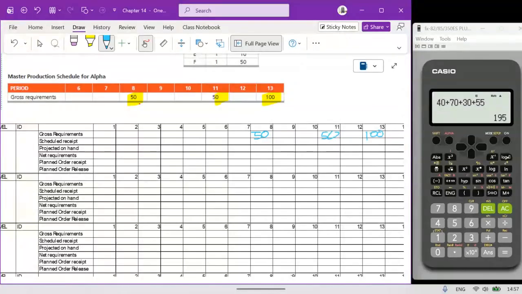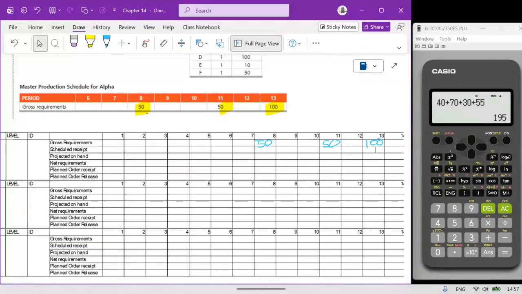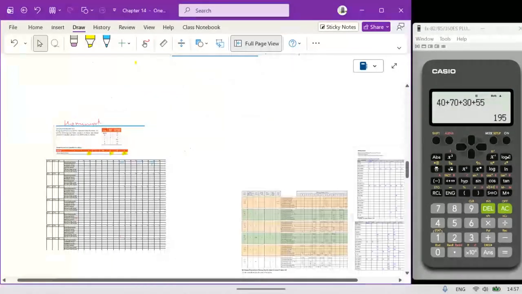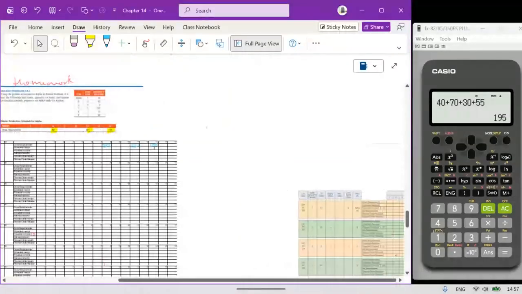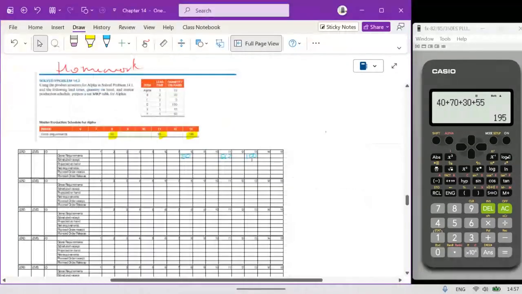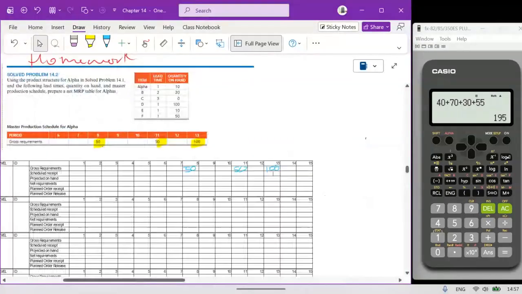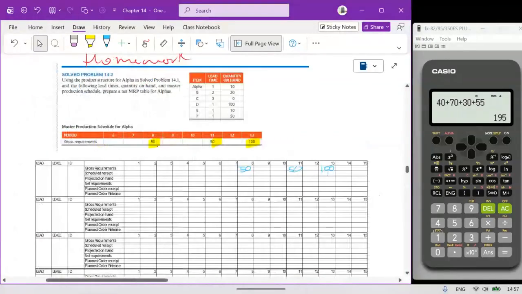You look at your diagram, you look at the information, your lead times, you add them nicely, your alphabets, you have the table. It's your homework. Practice with it. You will never regret it. Trust me.